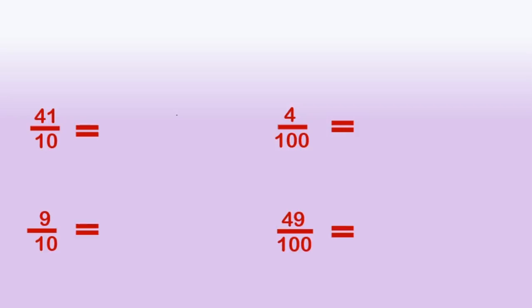We have 10th, and then point. Our point follows after the 10th. We are moving towards the left. So after the point, we have ones. So our 4 is in the ones column. So we are going to have 4.1.